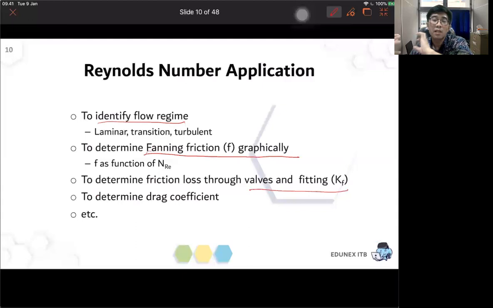When we connect pipes or we install valves, it's called fitting. Ya. Jadi alat-alat yang digunakan untuk menghubungkan pipa, misalnya ada elbow atau ada sambungan valve gitu. Itu namanya fitting. Later we will use Reynolds number to calculate this. And also when we later discuss about particle flow, then we can use the Reynolds number to determine what we call drag coefficient. Nggak usah dibingungin sekarang. Yang sekarang adalah yang ini.